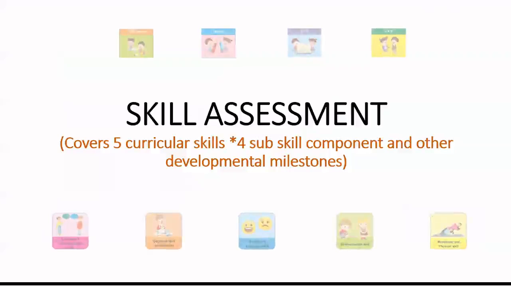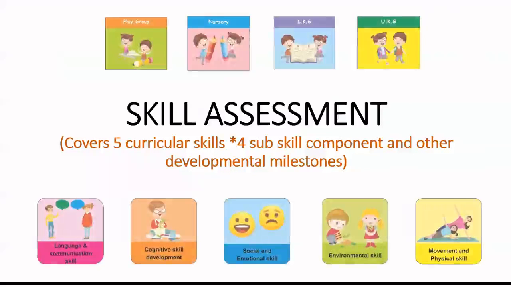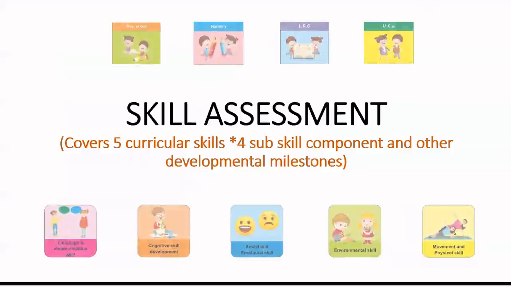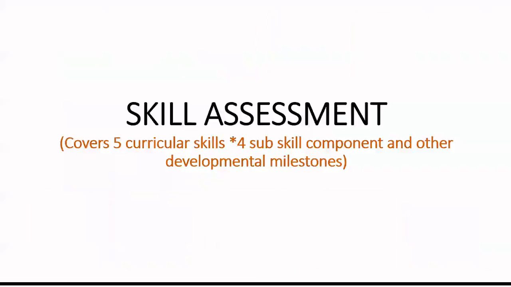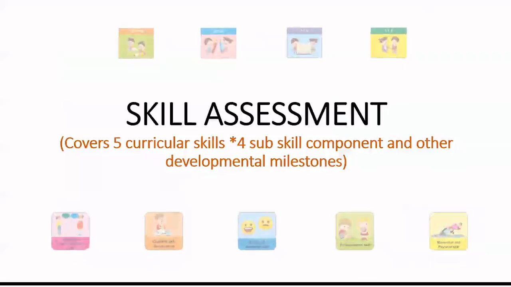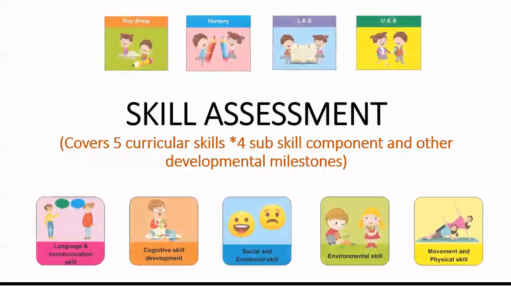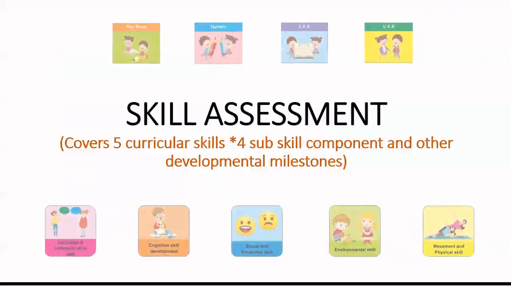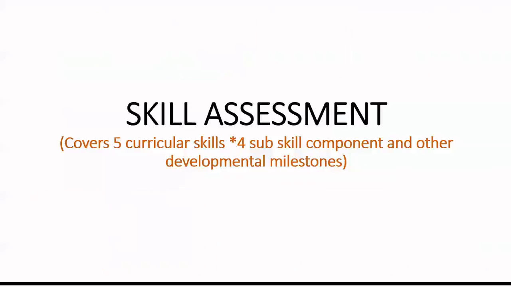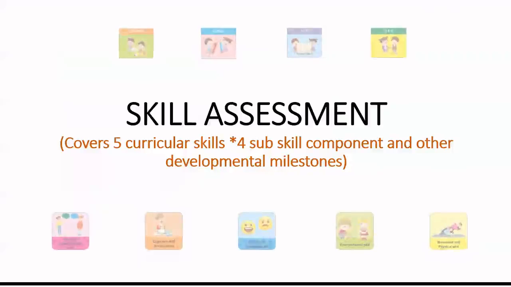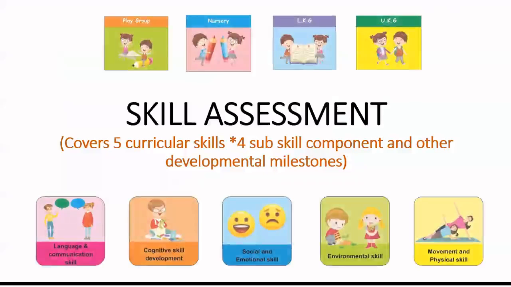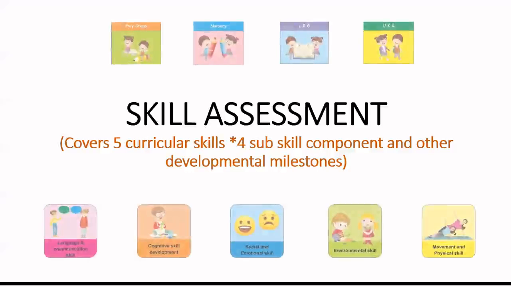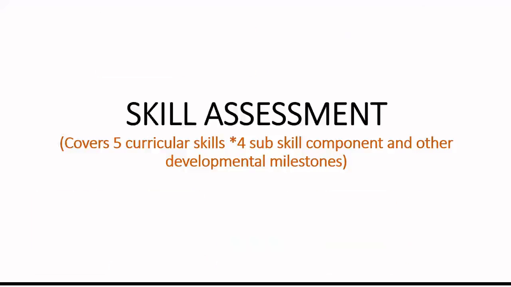Now, what kind of skill assessment are we going to do? If you understand a little bit of the Eduvarate Kids research platform and you understand what exactly we parents and teachers are quite concerned about in skill assessment or skill development, we have already discussed 5 curricular skills, which are language and communication, cognitive, social emotional skill, environmental skill, and physical or movement skill, which in other words we call motor skills.